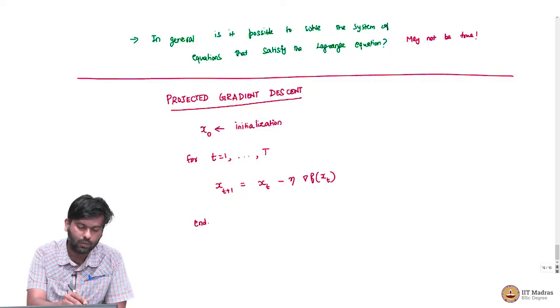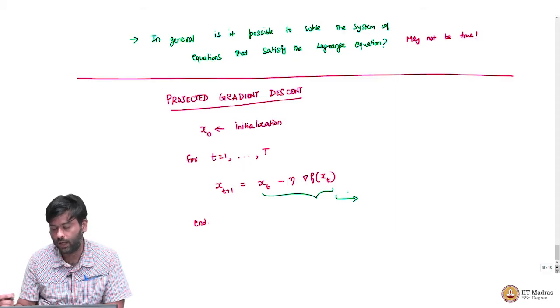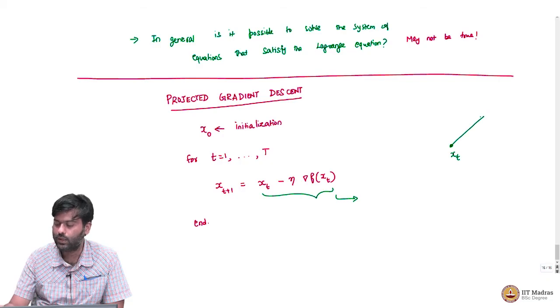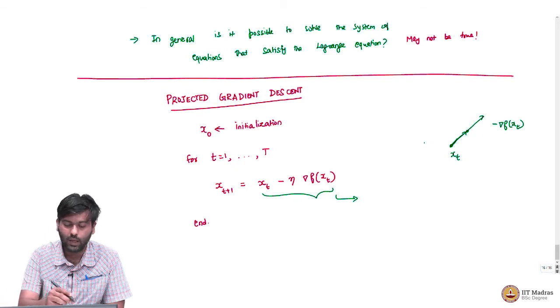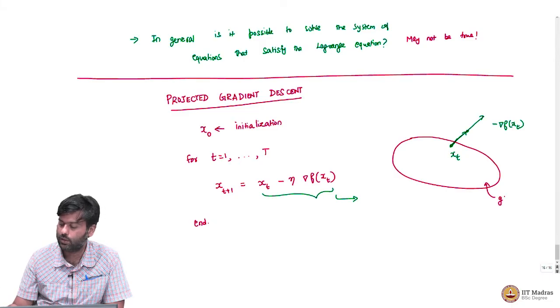Now, what was the problem with this algorithm? The problem is this update: when I am at some x_t, let us say this is my negative gradient of f at x_t direction. If I move along this direction and take a step size, my constraint set could be something like this, the set of points where g of x is, let us say, less than or equal to 0.